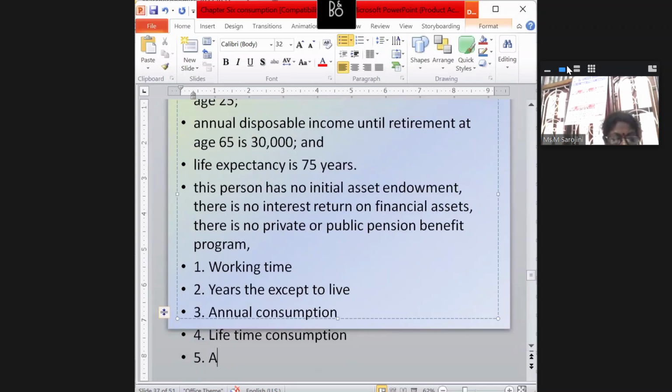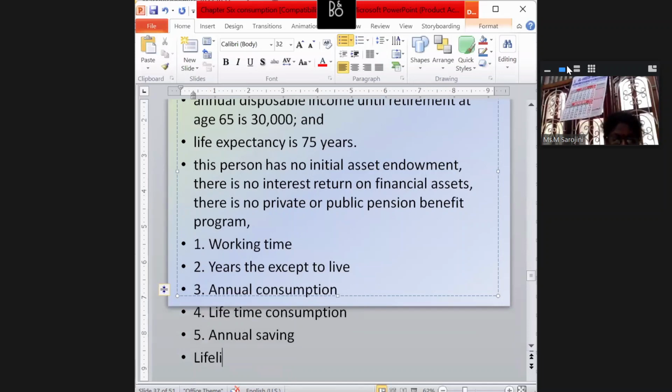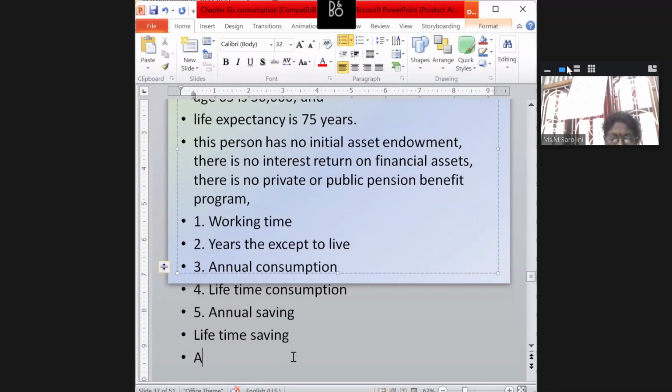Then the annual saving and lifetime saving. And APC at current income and consumption.